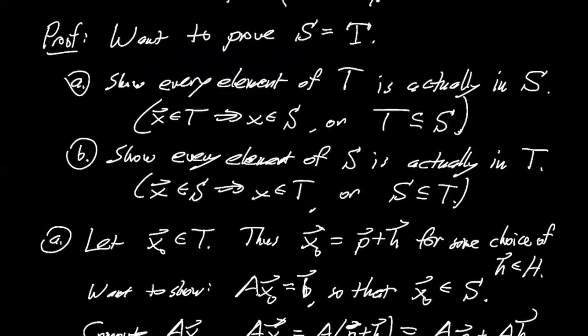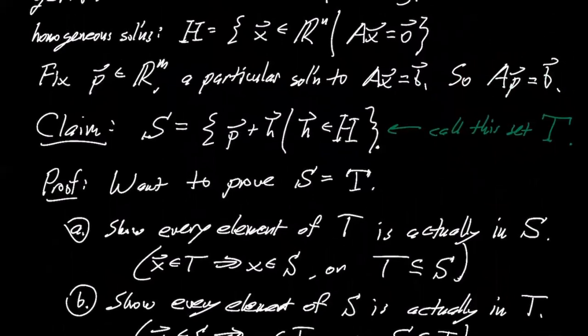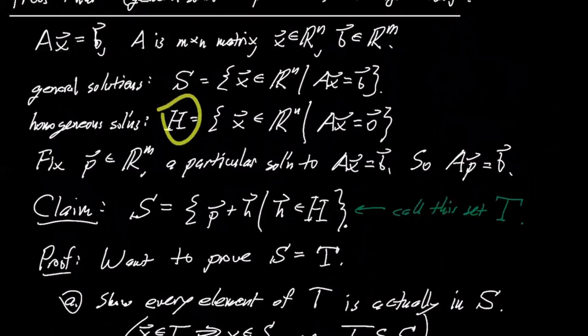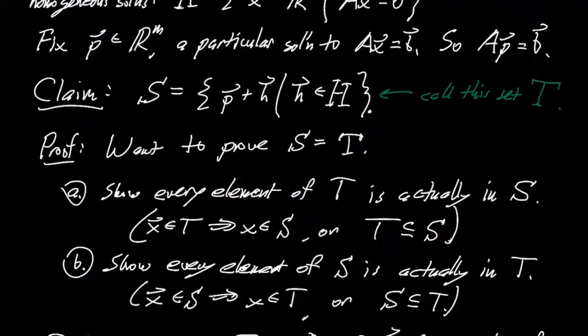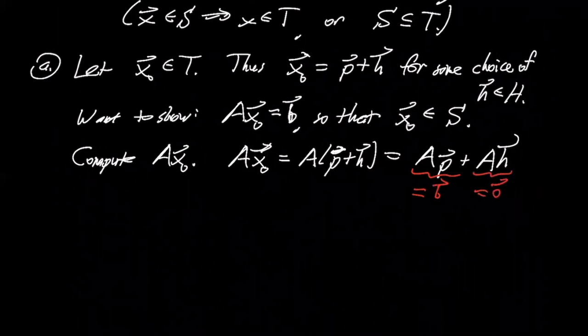But by definition, if we go all the way back up here, AP is B, and the idea of living in H is that A times something is 0. So once we have something like this, this equals B by definition, because that's how we chose P. And this equals 0 because little h, the vector little h, is a homogeneous solution.